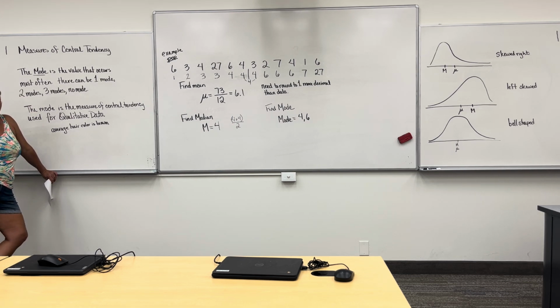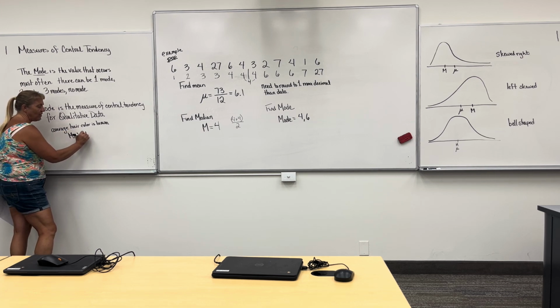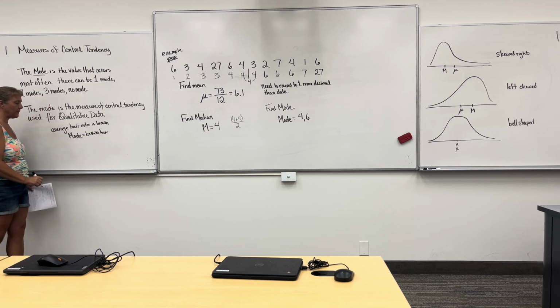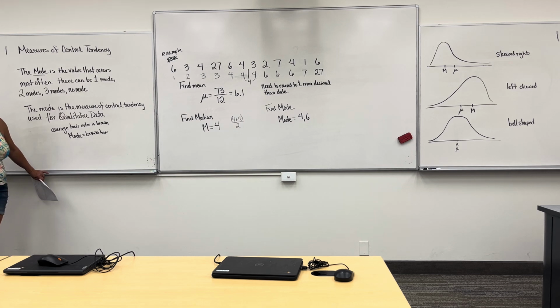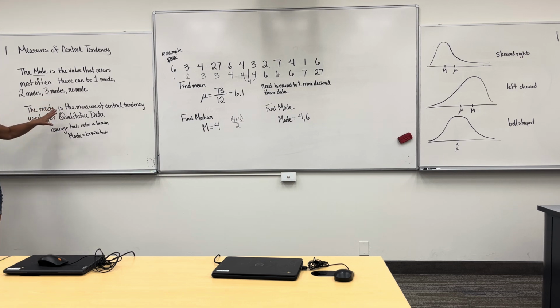So what does it mean for the average hair color to be brown? It means that there are more brown-haired people than any other color. So the mode is brown hair. So there's more brown-haired people than any other.